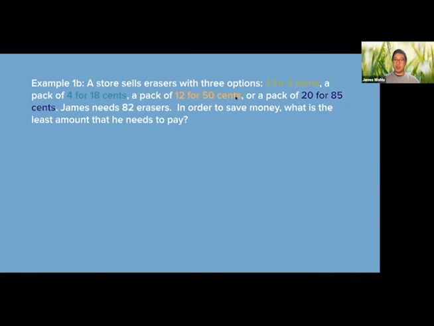Okay, cool. So here's another question then. It's basically the same question, but let's say that there's another option for 20 for 85 cents. Would our answer change? What would be the best way to save money? So please send me through direct message what your answer would be for this.